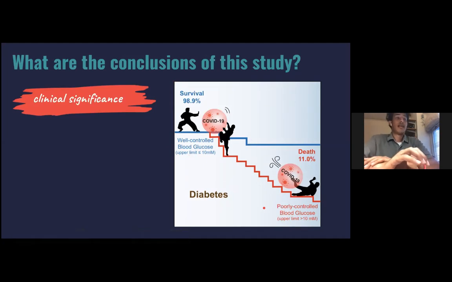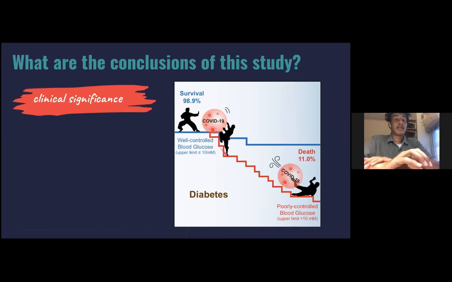What the blue line depicts is a person who is battling COVID really well, and they have a survival rate of 98.9%, which again is really comparable to COVID patients who don't have type 2 diabetes. And I think this really demonstrates the importance of maintaining good blood glucose when diagnosed with COVID-19.